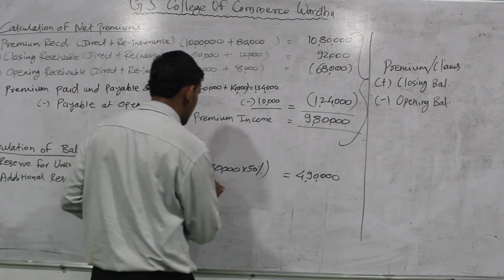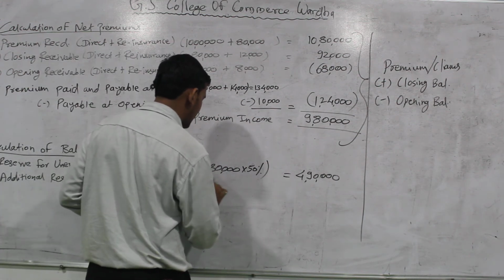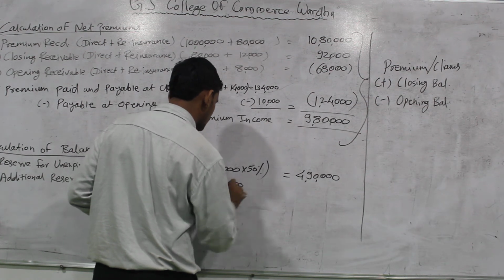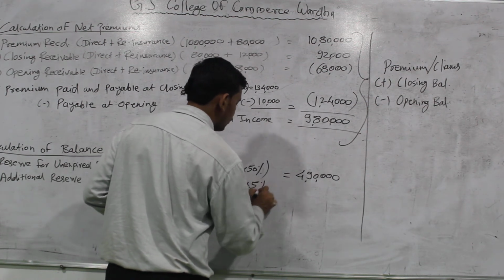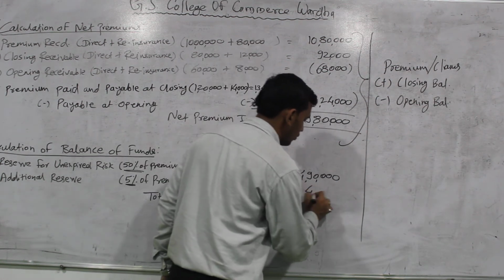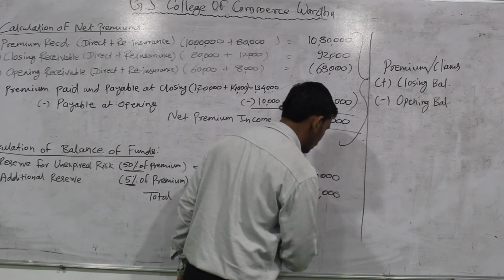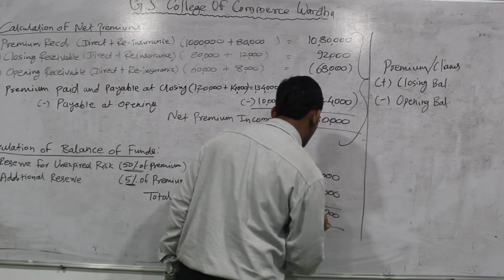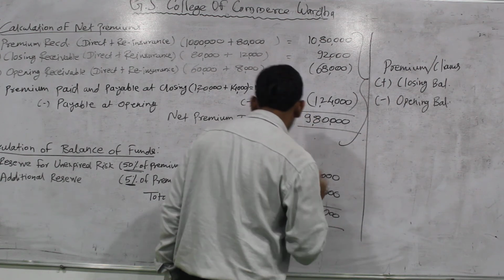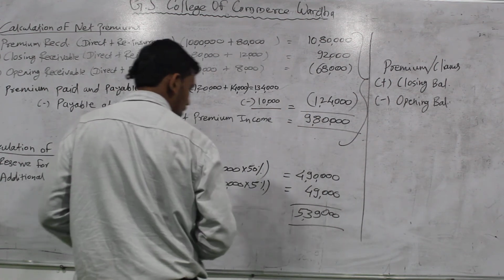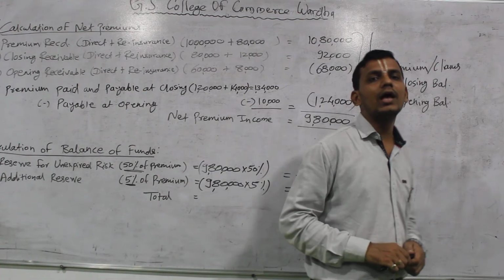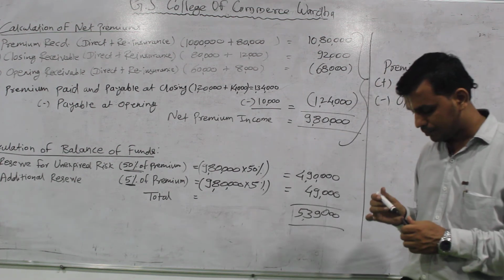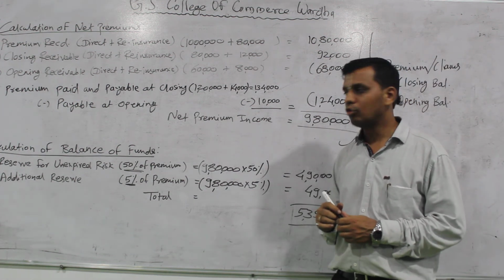Again, net premium. Net premium was rupees 9,80,000 into 5%, that is 49,000. This is the total balance of fund which we need to create at the end of the period. This is how we need to calculate the net premium and balance of fund.